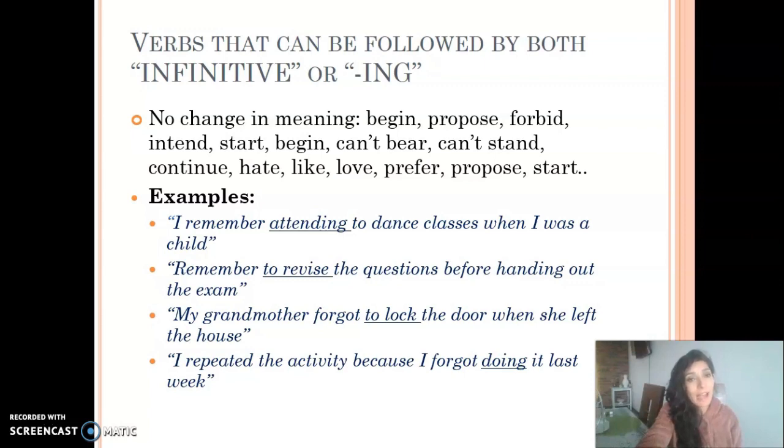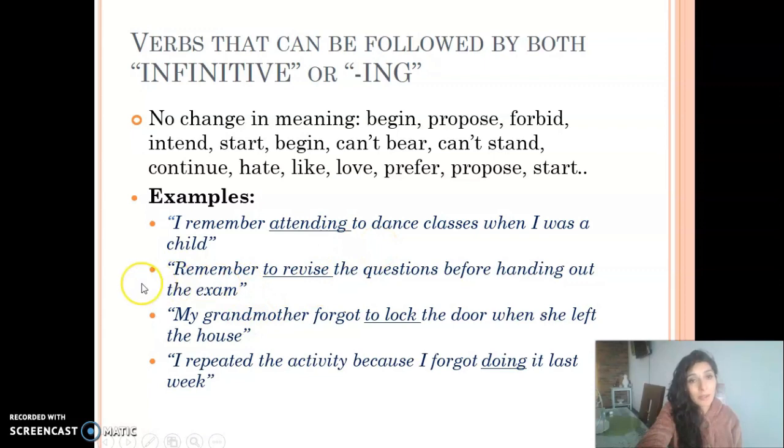What if I change the underlined word, in this case the gerund form, with an infinitive? I will obtain: I remember to attend to dance classes when I was a child. It has the same meaning when we use a gerund or an infinitive, so it's properly said to use after the verb remember a gerund or an infinitive.